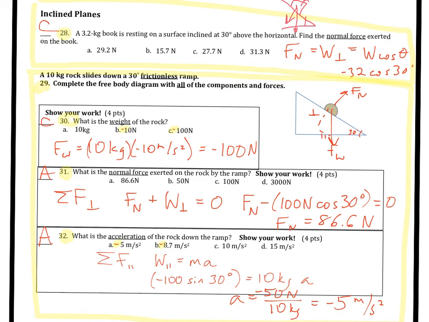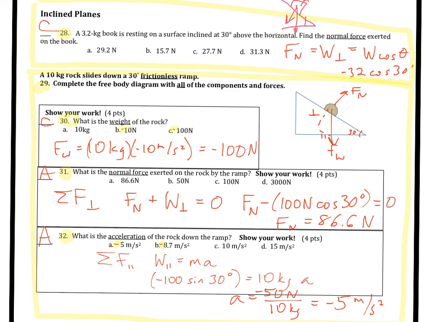Okay, last free body diagram here shows a rock on a frictionless ramp, and it is sliding down, so it's going to go, which means that one of our equations, the parallel equation, will be set equal to ma. Okay, it has weight. Weight has components, perpendicular and parallel. There will be a normal force in line with the perpendicular component, right?